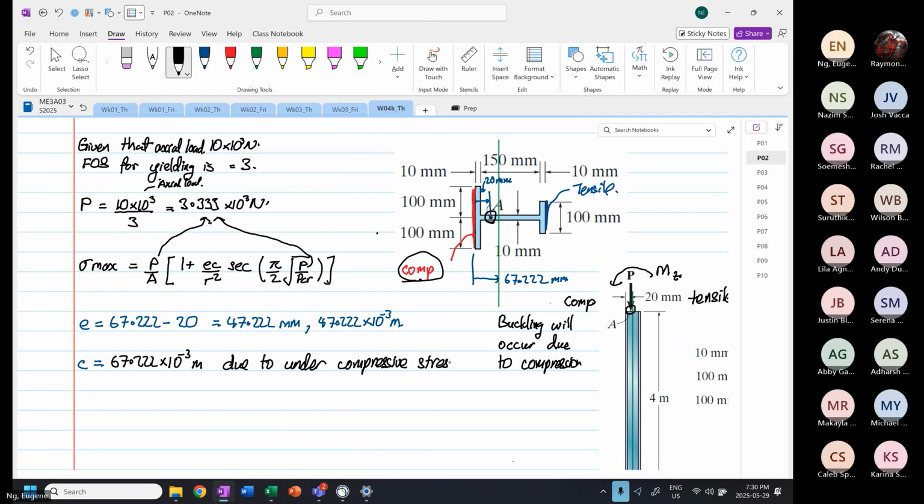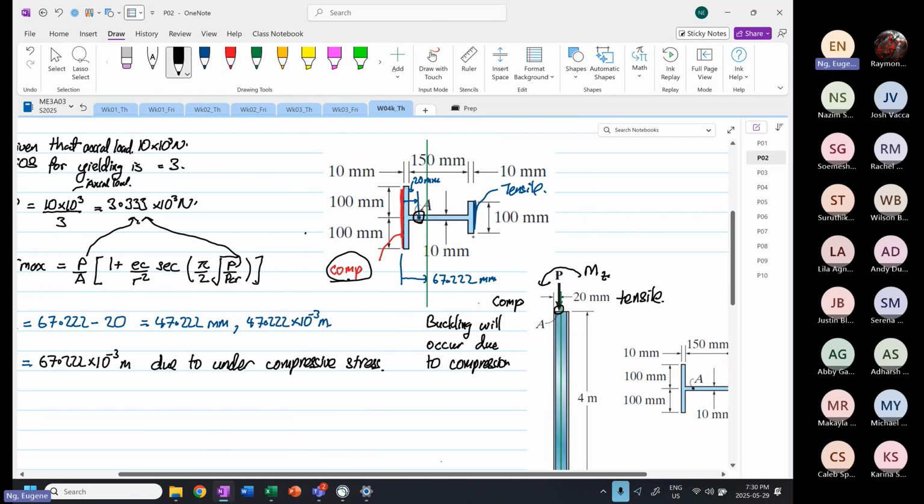Because why didn't we take this distance? If you look at the distance from here to here, this distance is equal to 67.222 minus 150 minus 10 minus 10, which is 102.222.